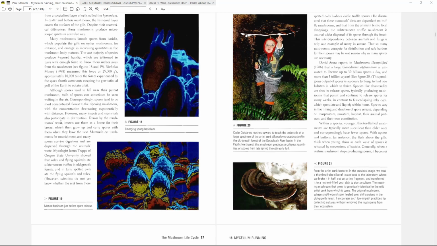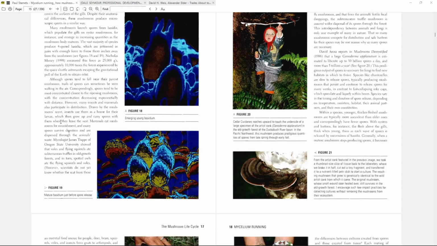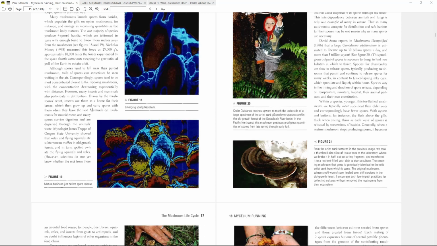However, many insects and mammals also participate in dispersal, drawn by the mushrooms, and insects use them as a home for their larvae, which then grow up and carry spores with them when they leave the nest. Mammals eat mushrooms for nourishment, and many spores survive digestion and are dispersed through the animals.